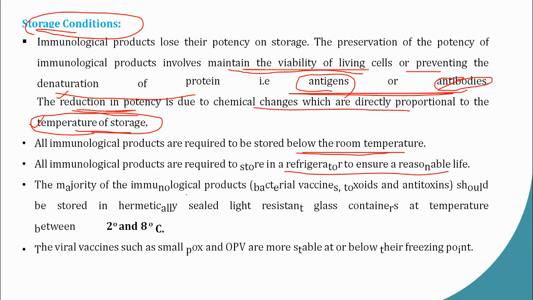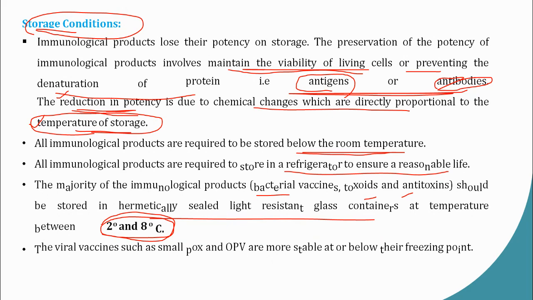The majority of the immunological products like bacterial vaccines, toxoids, and antitoxins should be stored in hermetically sealed, light resistant glass containers. This is important. We should seal the vaccines in a hermetically sealed, light resistant container which cannot be exposed to light, dark colored, and they should be stored at temperatures between 2 degrees and 8 degrees Celsius.